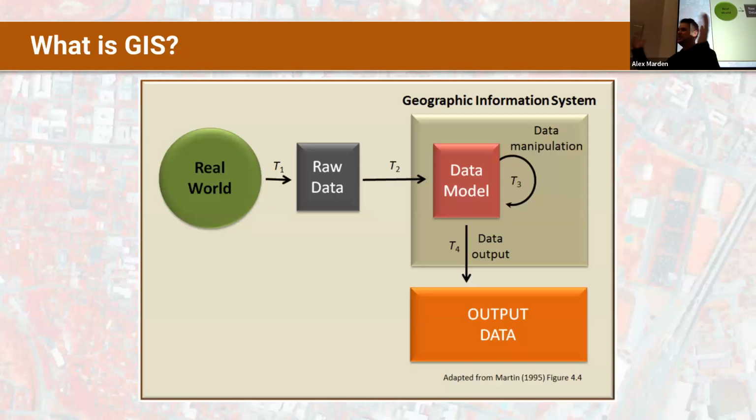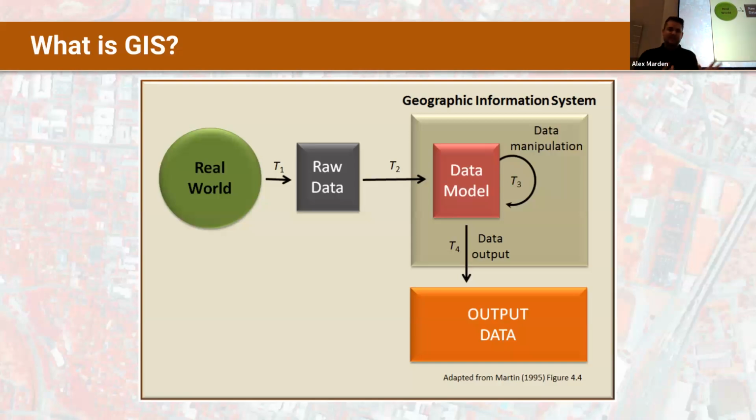And so contemporary GIS works in a way where we're looking to take what we have in the real world and put that into some kind of abstraction that we can use as output data, usually in the form of a two-dimensional map that's going to show our data in the way that we want it.